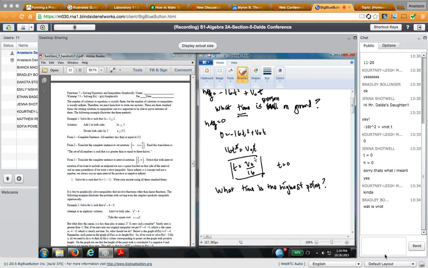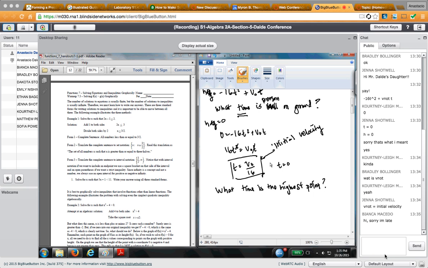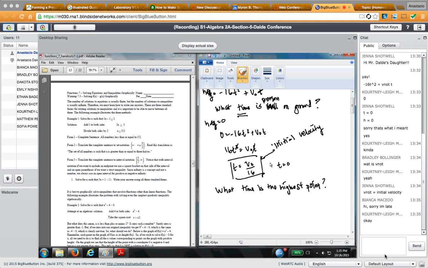What's your thoughts? Oh, what is v naught? This is initial velocity. This is the speed at which the person leaves the ground. We don't know that yet, but that's why we're putting it in as a variable. We don't know what it is. Is that what freaked you out, Courtney, what the v naught was? Okay.